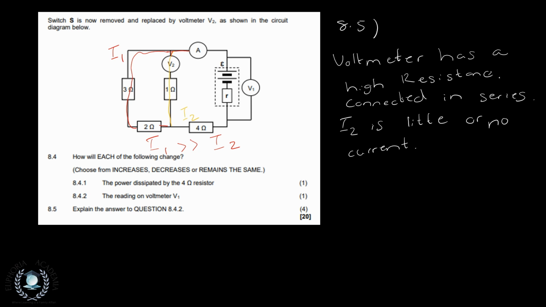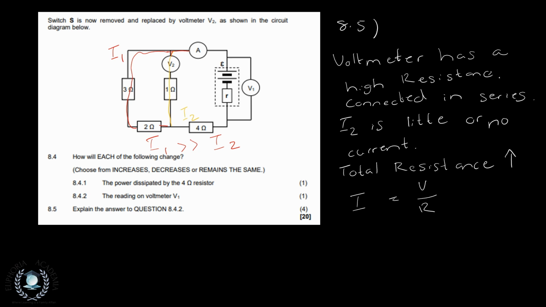It means that because of the addition of the voltmeter, the total resistance of the circuit will increase, right? And looking at our Ohm's law, let me write it in terms of the current. I is equal to V over R, right?